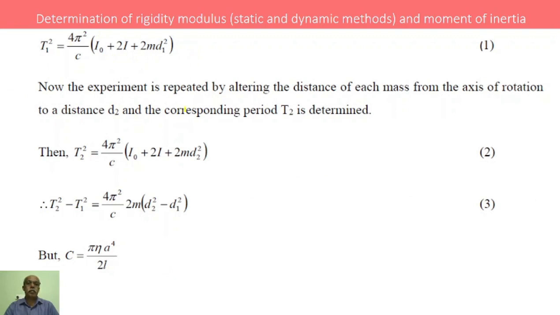Now the experiment is repeated by changing the distance of each mass from the axis of rotation, by changing d1 to a new distance d2, either by decreasing or by increasing, and the corresponding period T2 is determined using this relation: T2 square is equal to 4 pi square by C into I0 plus 2I plus 2m d2 square.